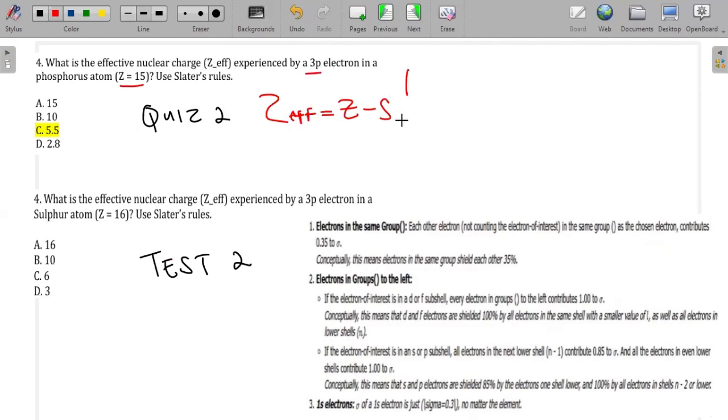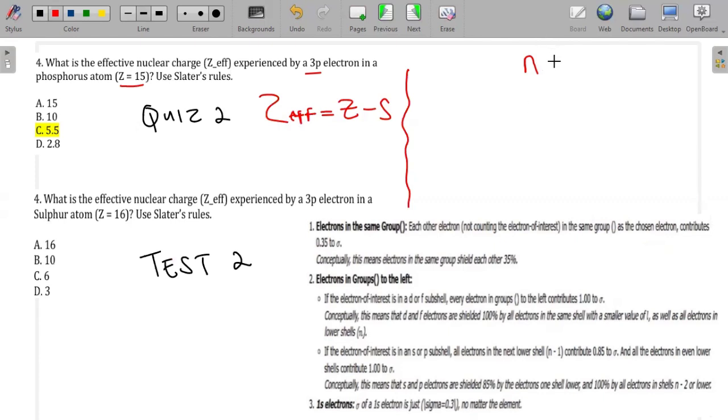Before we even do that, we need to know the rules. If an electron is in a certain energy level, let's say N, this N will have a lot of electrons, right? And we're just focusing on the shielding effect on one of those electrons in that energy level.